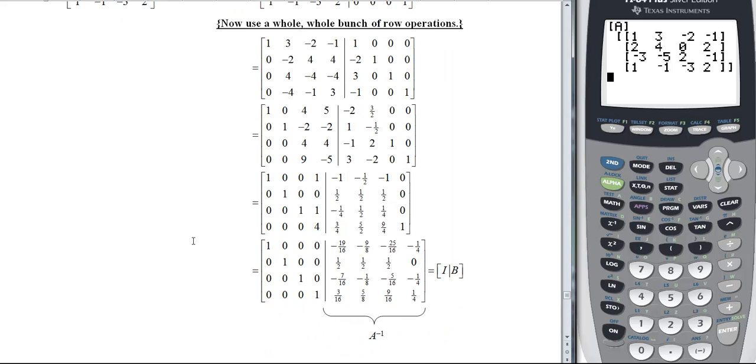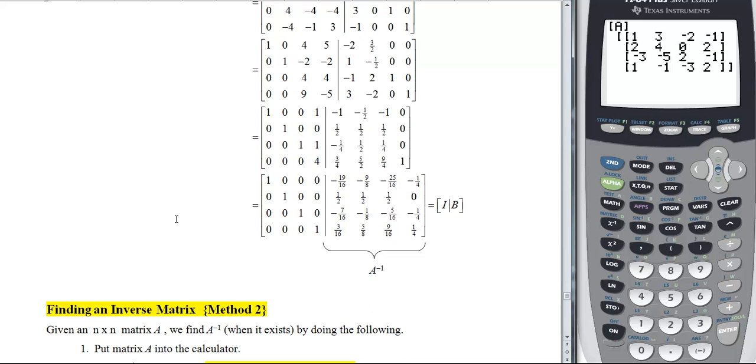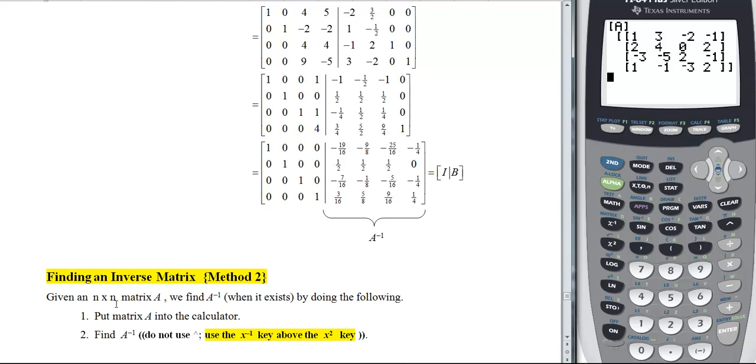Now, the other way to find an inverse matrix, method number 2. Put matrix A into the calculator, which is what we just did. Then find A inverse. Do not use your caret symbol. Use the inverse key, right above your x squared key.